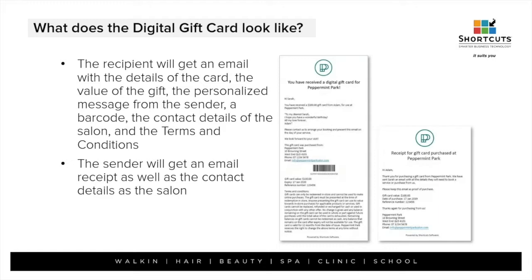And then the person that sent the gift card will also get an email. It will say, we delivered a gift card for this value to this person, and they'll have their own receipt for that. So two emails go out, one for the recipient, one for the purchaser.